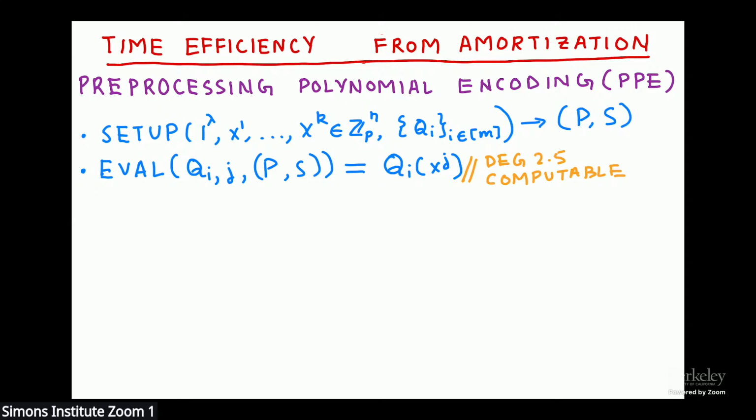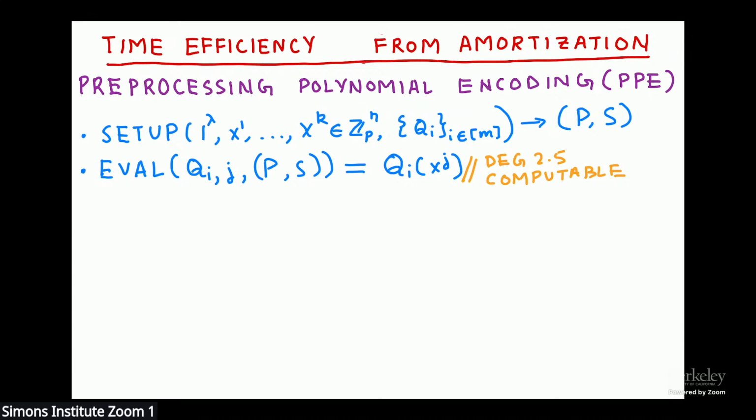Okay, so let me formally define the task. Now, for this notion, pre-processing polynomial encoding, I'm going to have a setup operation, which will take these k inputs. Of course, at the end of the day, we would want to hide these inputs. It will also take the m monomials that you're interested in computing. What does this setup operation do?